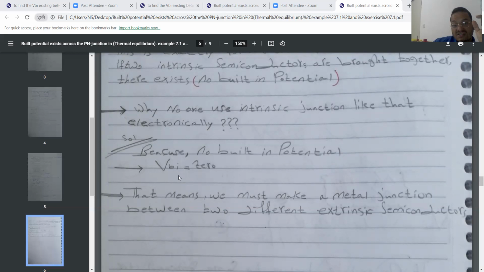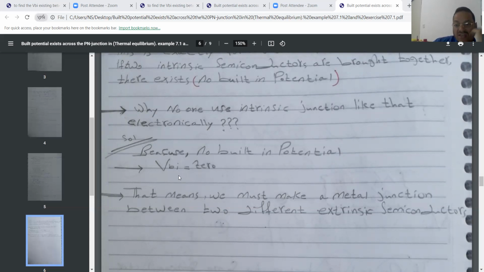The main reason is that the barrier potential equals 0, because, like I said before, when applied to the general equation of VBI, ln 1 equals 0, so the whole expression will be 0.